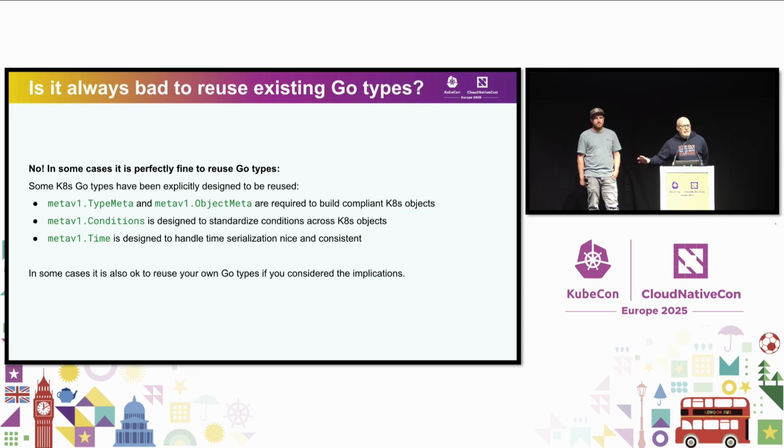There are also other types that were explicitly designed for reuse, like Condition, metav1.Condition in Kubernetes, or like Time, which provide nice serialization of timestamps. In some cases, it is also good to reuse your own types, but you have to carefully consider what the implications are in order to avoid the problem that Christian just described.